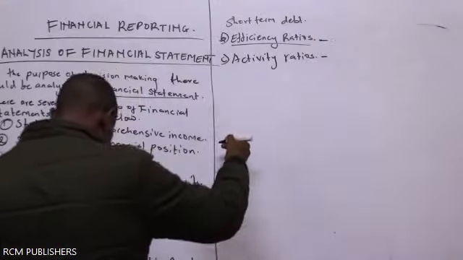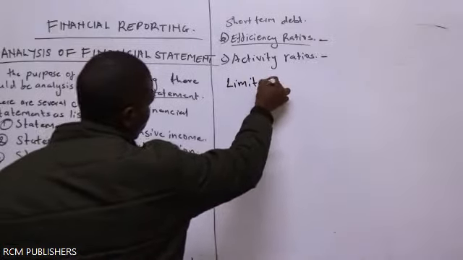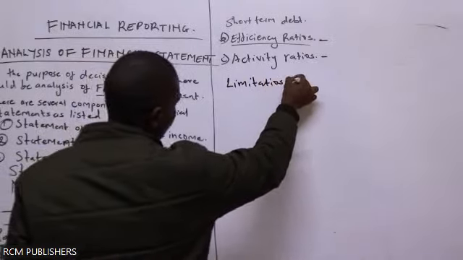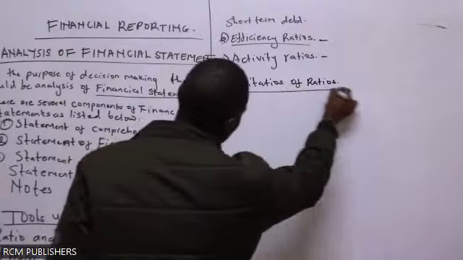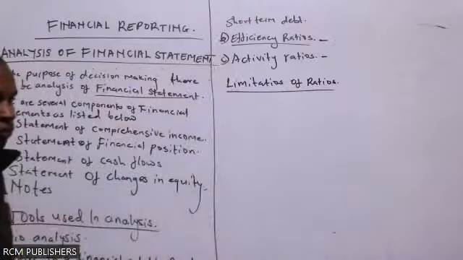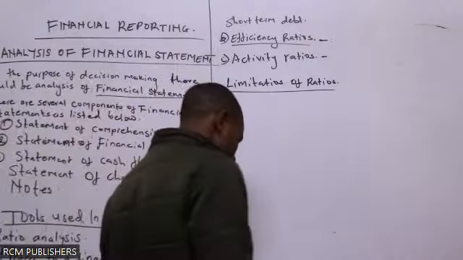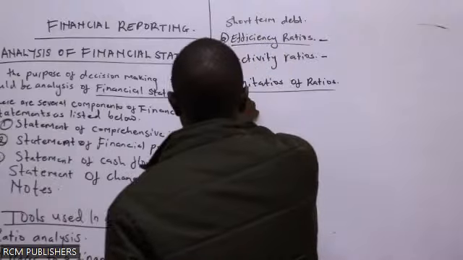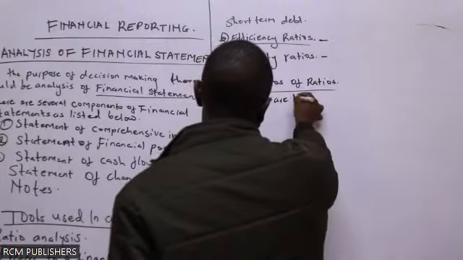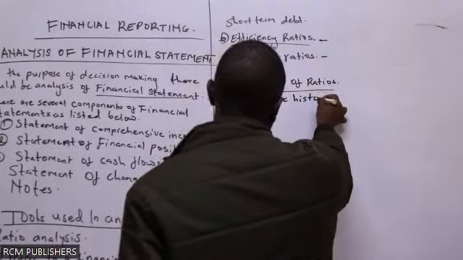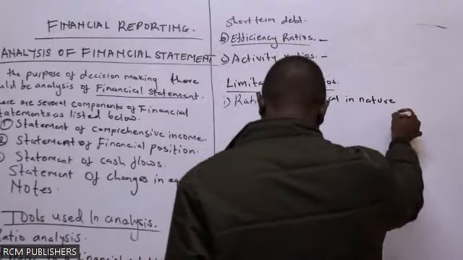What are some of the limitations of ratios? Because these ratios zinakuwa na limitations. So when you ask about the limitations, we can say that ratios are historical in nature.